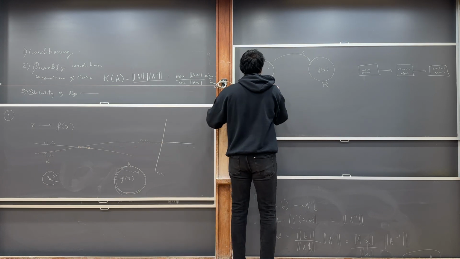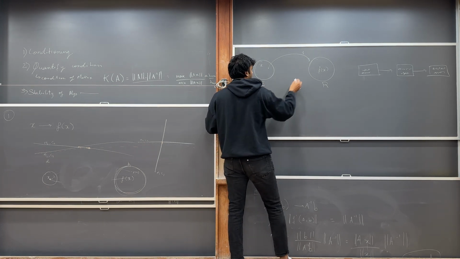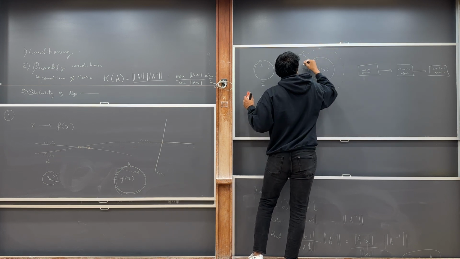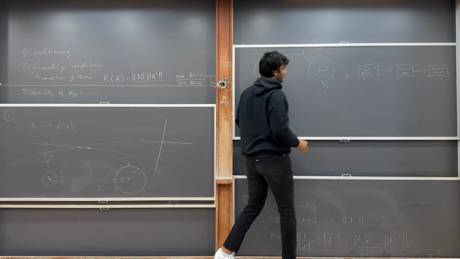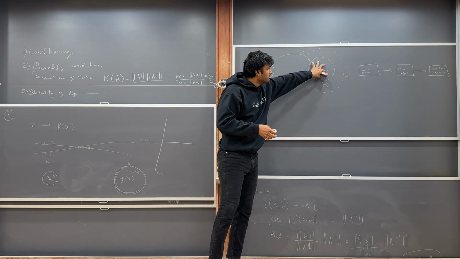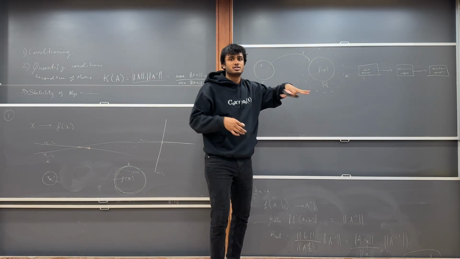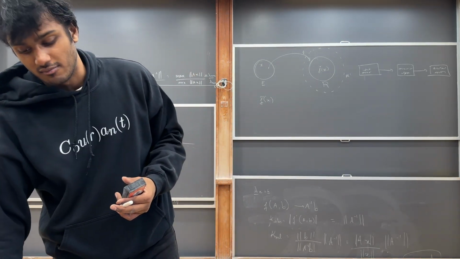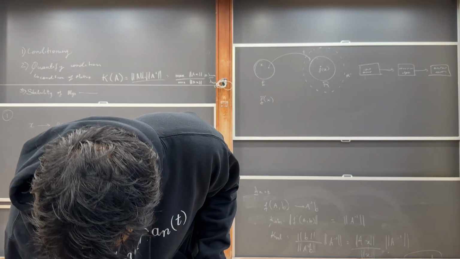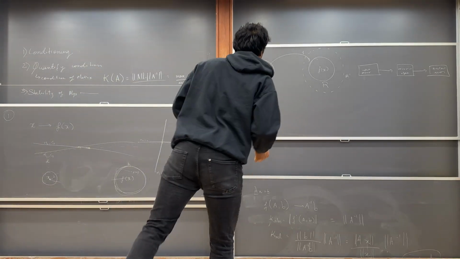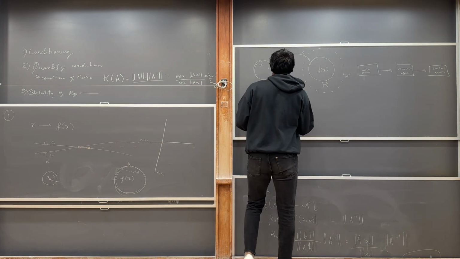This is going to map my set E to a bigger set R prime. Because it's prone to errors, it's always going to contain this set, but it's also going to contain more numbers, more possibilities of answers that this algorithm can give because it's prone to errors. So this is what the stability analysis is going to be.